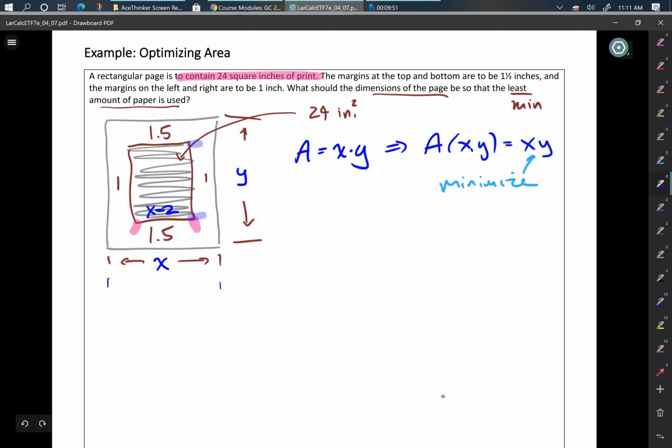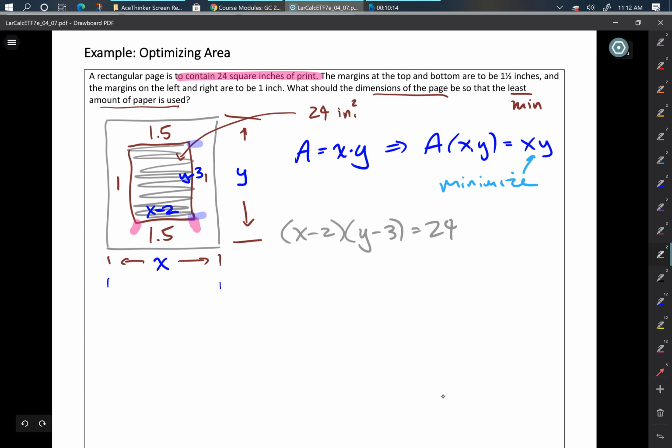An inch in and an inch in on both sides will give me x minus 2. Similarly, vertically, I think that's going to be y minus 3. So then my secondary equation, the one that I'm going to use for substitution, is going to be the equation horizontal times vertical is equal to 24.